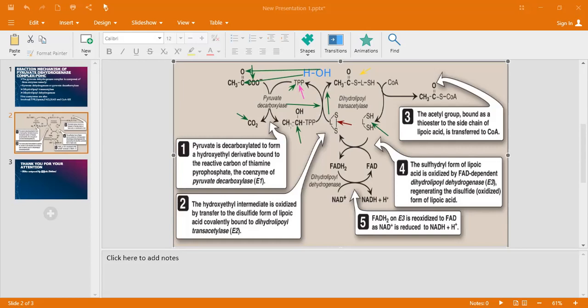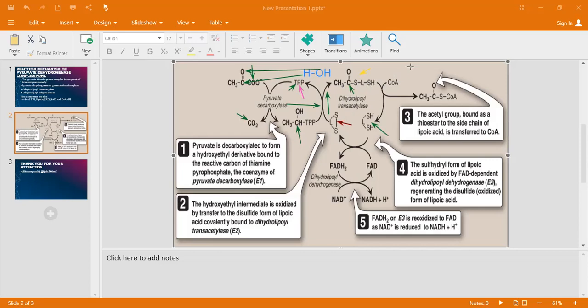Then this hydroxyethyl derivative is the one transferred to lipoate. Once it is transferred, it becomes an acetyl group. Now this is the acetyl group which is transferred to the lipoate. Once transferred, the dihydrolipoyl transacetylase will, as the name says, transfer it.